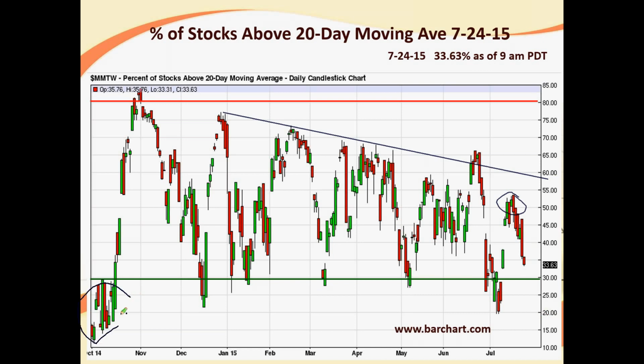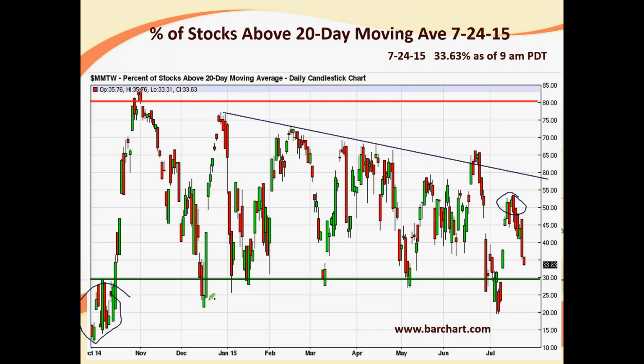We were in this place back in October of last year, where we got a really huge, nice bounce. And actually, that was the last time that the percentage of stocks above the 20-day moving average really got in gear and got back above 80%.